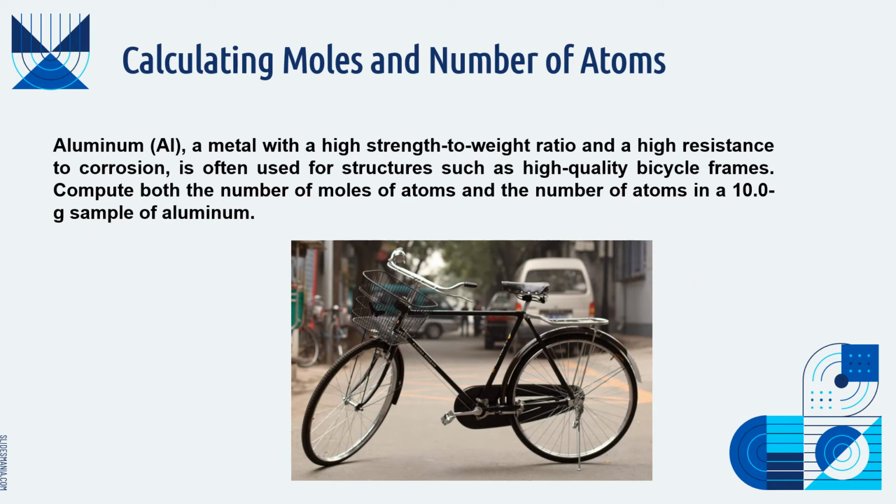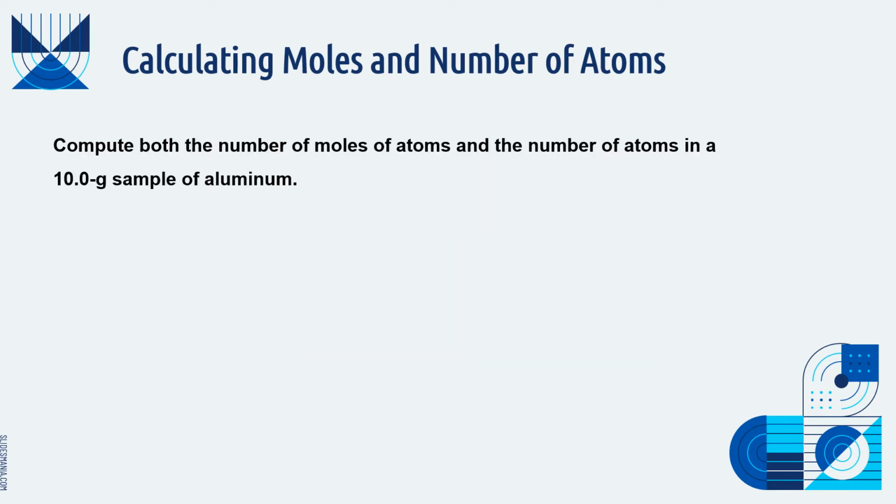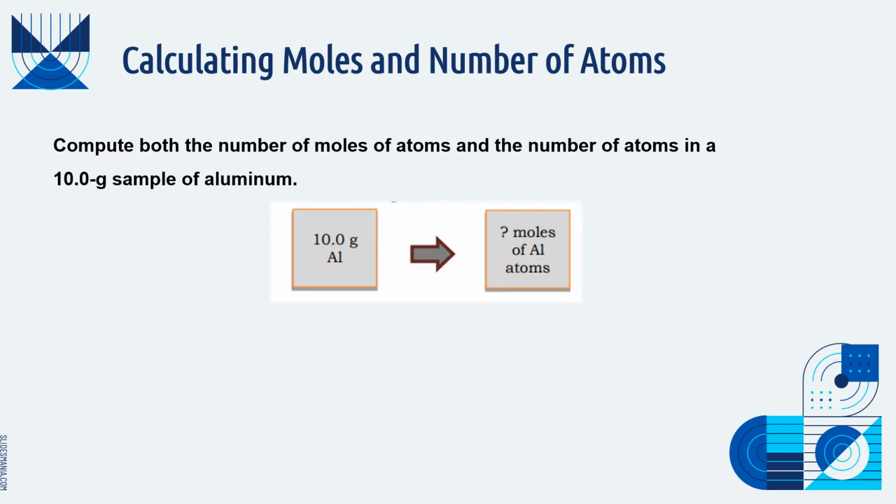Okay, so the given is 10 gram of aluminum. So what we're going to do is find the number of moles of aluminum atoms. Okay.